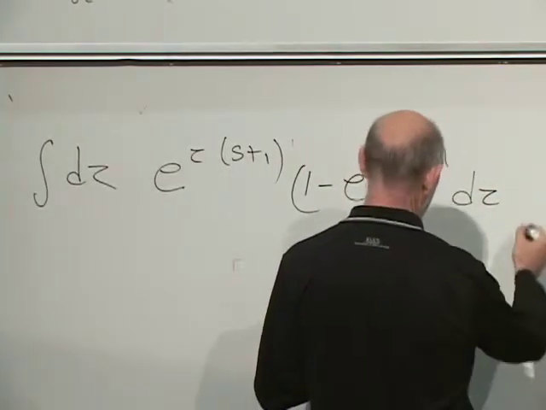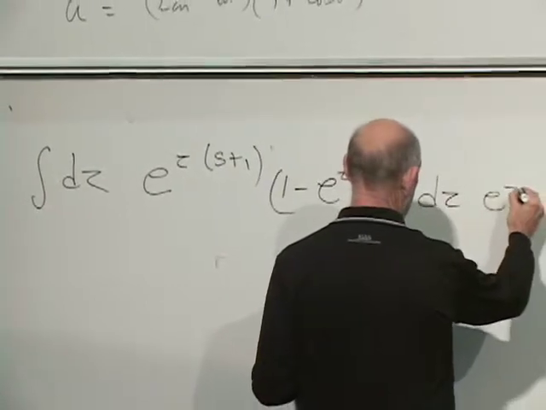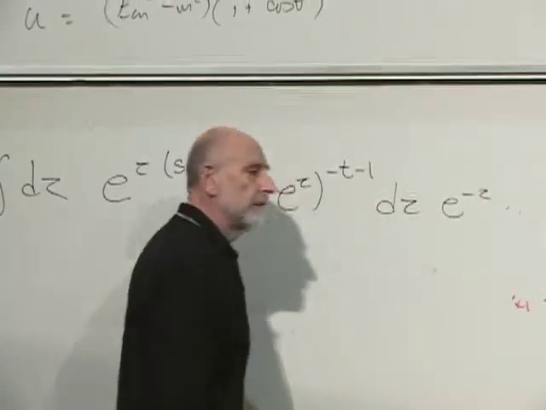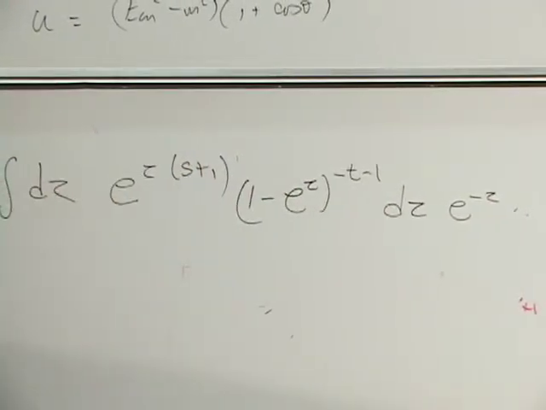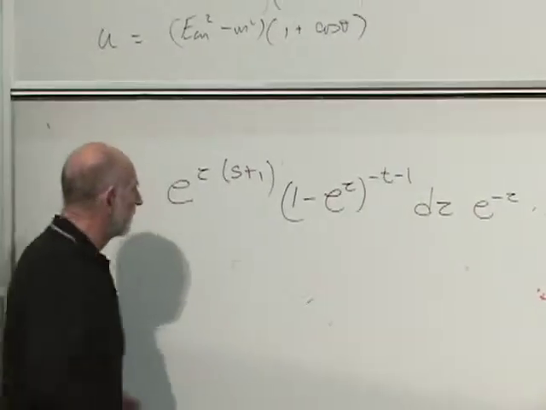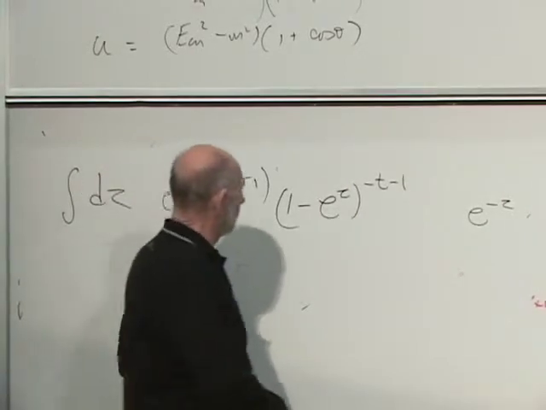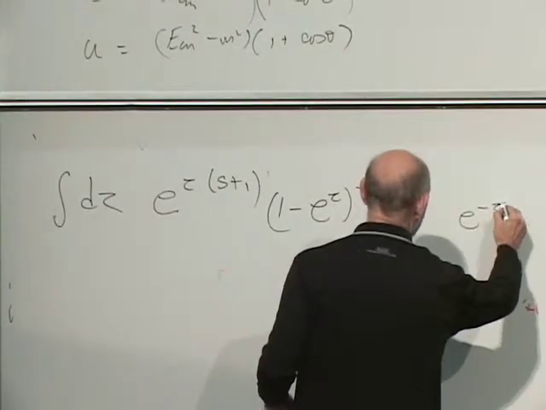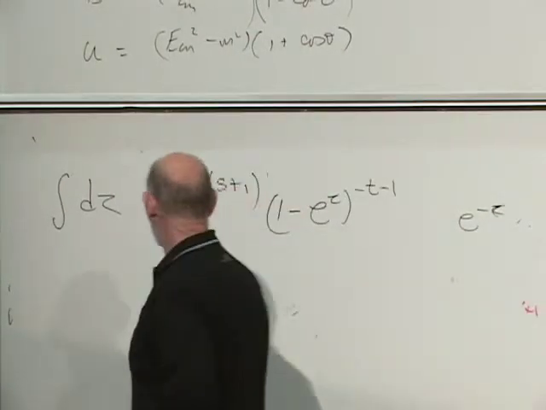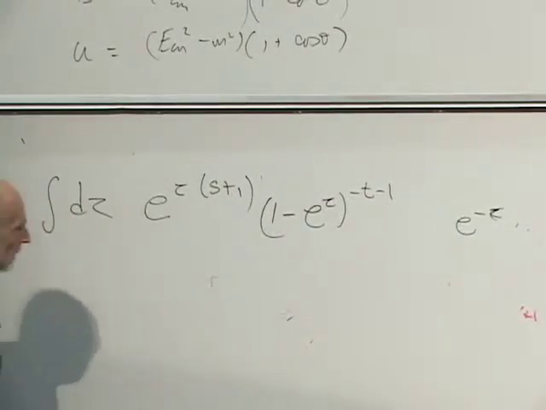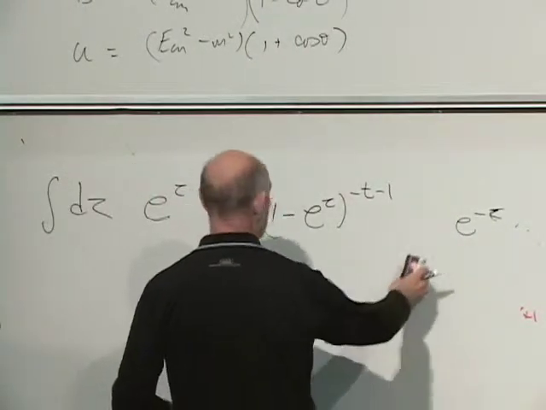There happens to be another factor, I think, of e to the minus tau in the integrand. You're right, I have d tau twice. E to the minus tau, yeah. The first term is tau times s plus 1?